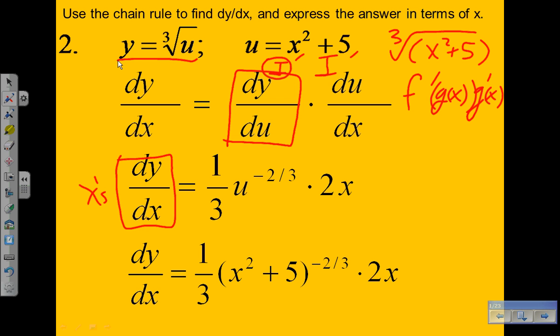You're not finding any equations of lines yet, so you're in good shape. This is just broadening your ability of taking derivatives. You've done trig functions, you've done polynomials, you've done quotients, you've done products, now you're doing composite functions. The best part is going back from dy dx to the original question. That's second semester. Ready? Let's try another one.